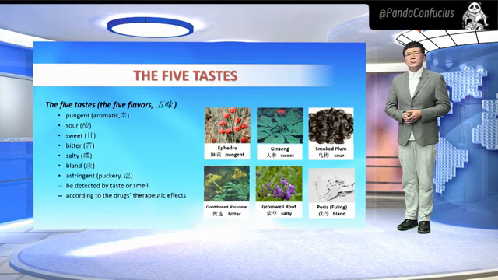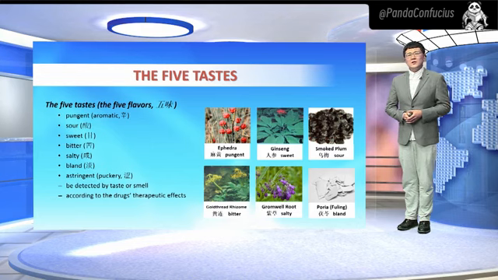The five tastes of drugs are pungent, sour, sweet, bitter, and salty, which have different therapeutic effects respectively. In fact, there are other kinds of tastes named bland and astringent, but sour, bitter, sweet, pungent, and salty are the five basic tastes, which is why we usually say five tastes rather than seven tastes.